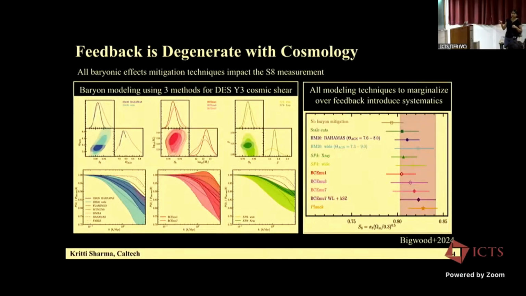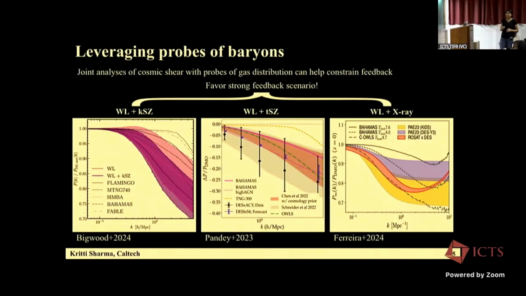So if instead of modeling feedback through such halo model approaches, there's some probe that you can use to just put constraints on feedback and use that data directly, that would be very, very useful. An example of this, again by Leia, was where she combined data from cosmic shear with that of weak lensing. And in such cases, you can clearly see how your constraints on power spectrum suppressions greatly improve.